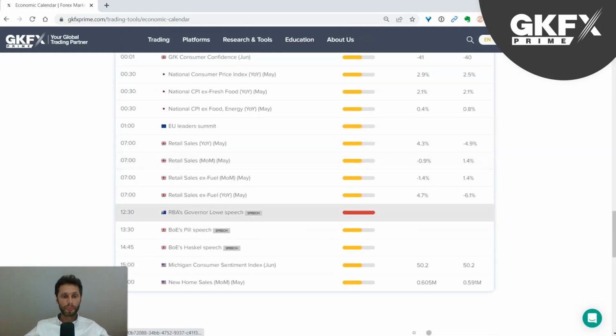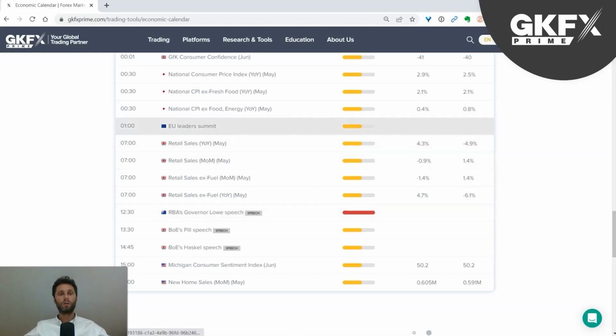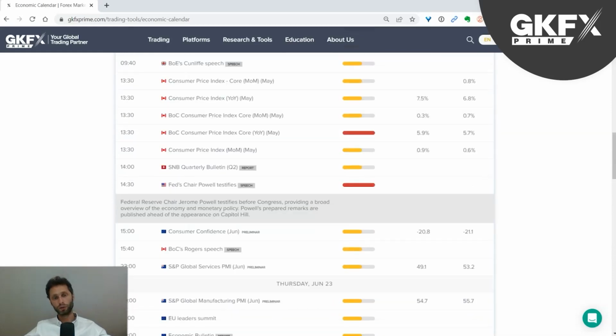Friday, more news on the Australian dollar. We do have a summit here on the euro, so that could add some weight, some volatility to the euro Aussie trade. So bear that in mind when you're looking at your trade setup, and be careful especially if it's around the news time, we may see the volatility start to come into the market then.